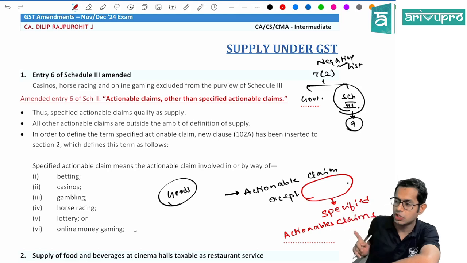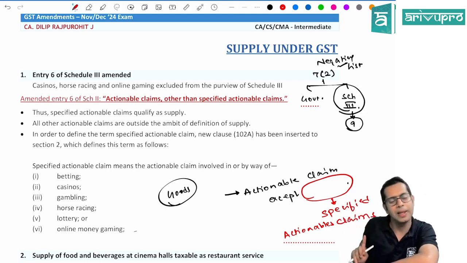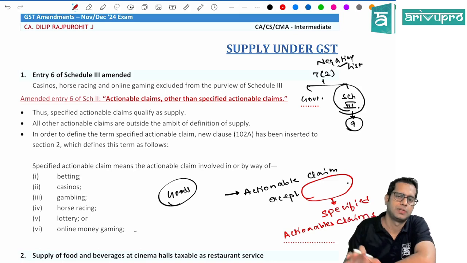So if I do a transaction in these specified actionable claims, is it treated as supply? Yes. Now they have given a list of specified actionable claims.